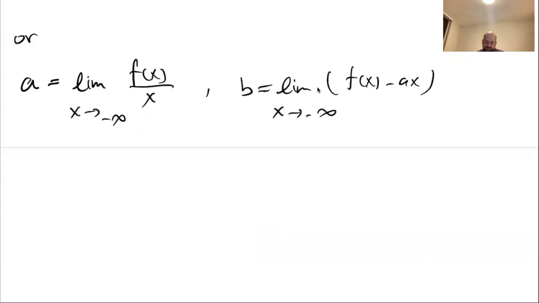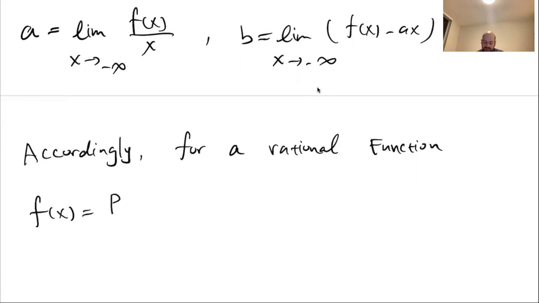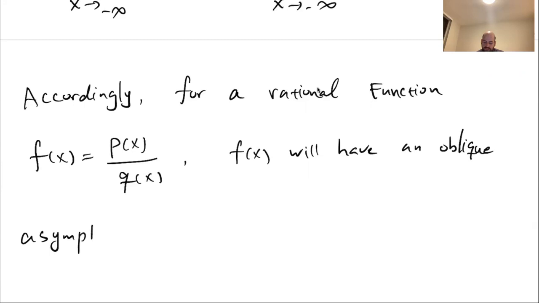So for rational functions, for a rational function f of x equals p of x over q of x, f of x will have an oblique asymptote if we want the limit of f of x over x to exist and be non-zero.